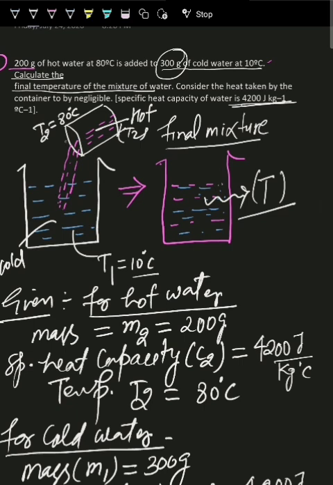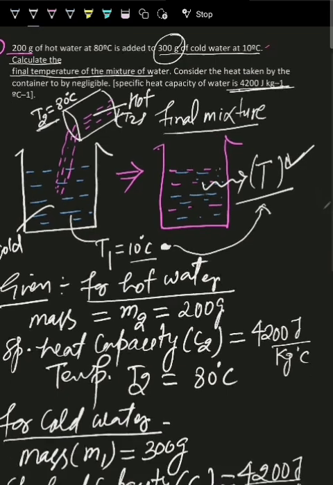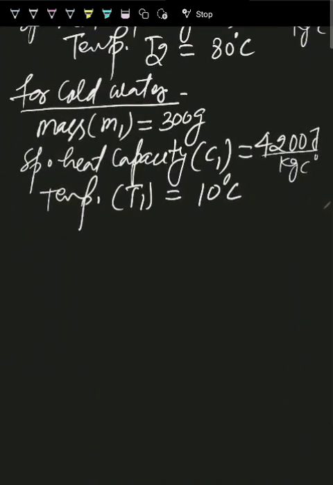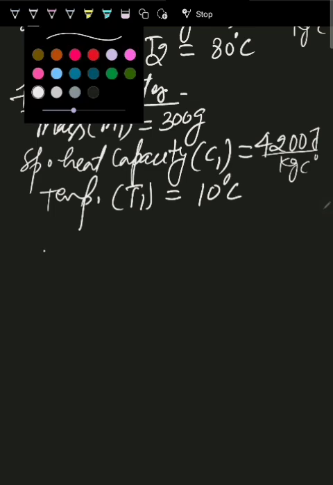Now you tell me what is the change in temperature for hot water. Initially it is at 80 degrees Celsius and now its temperature becomes T. For cold water, initially its temperature is 10 degrees Celsius and it will also become T. Now we are applying the principle of calorimetry.